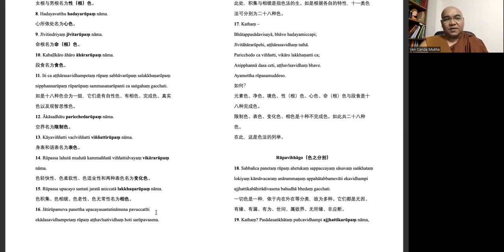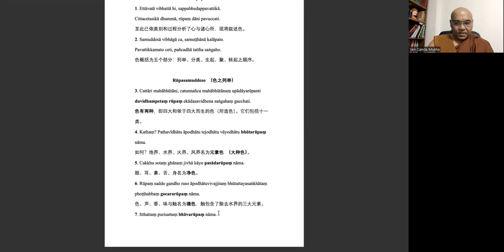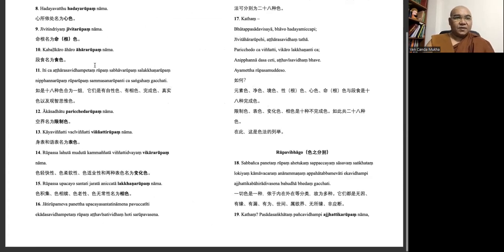Then if we divide into 11 kinds as we counted before: Mahabhuta Rupa in bold letters, Pasada Rupa, Gocara Rupa, Bhava Rupa, and then Hadaya Rupa or Vatthu Rupa, and then Jivita Rupa, Ahara Rupa, and then Pariccheda, Vinnatti, Vikara, Lakkhana, altogether 11 kinds. So Rupa can be categorized into 11.